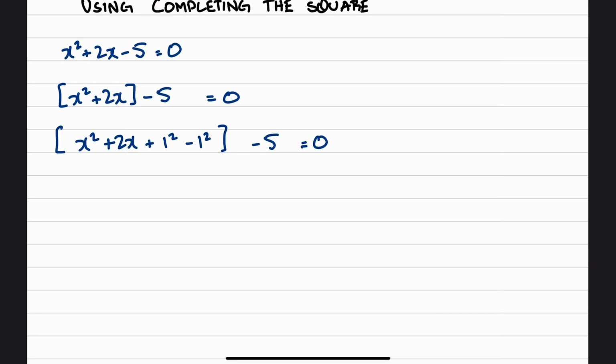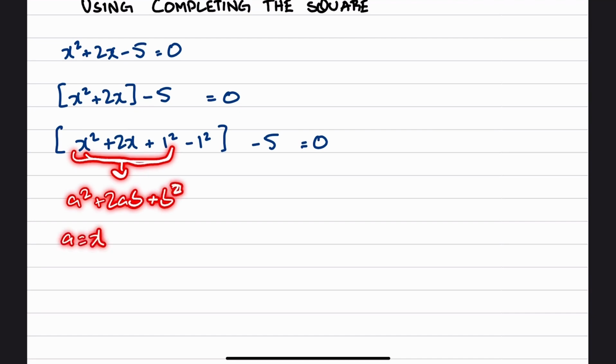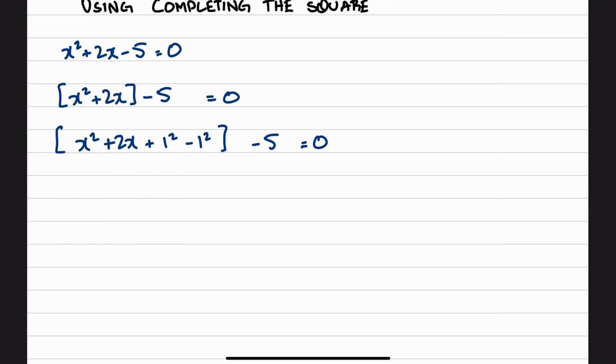Now we can see that this part of our expression is the same as a squared plus 2ab plus b squared, where a equals x and b equals 1. So we can collapse these three terms into a single bracket using our identity, or reverse engineering our identity.